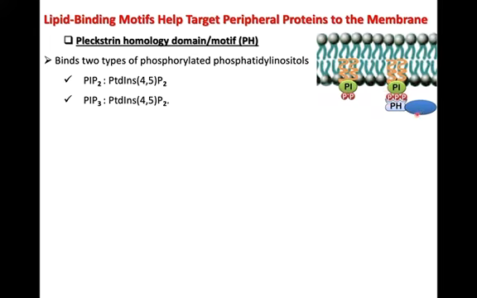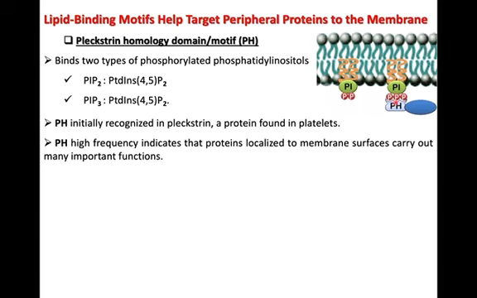Any protein that has this part, we call it a domain or motif, with a specific sequence that scientists termed the PH or pleckstrin homology domain, can bind to either the diphosphorylated phospholipid or the triphosphorylated phospholipid.